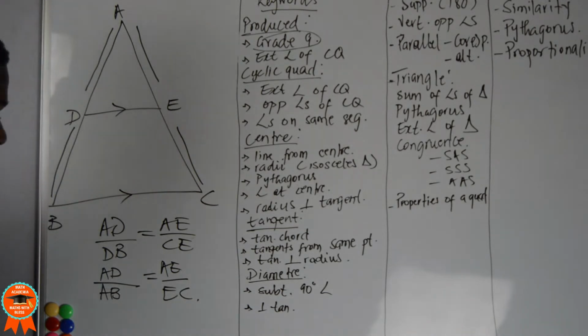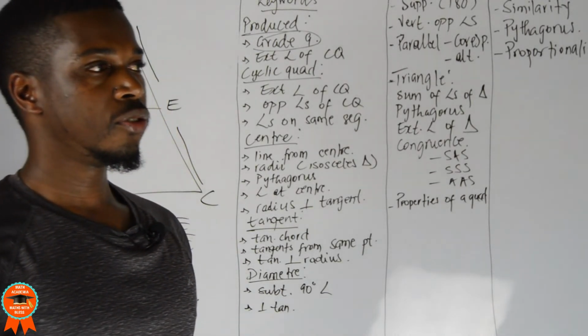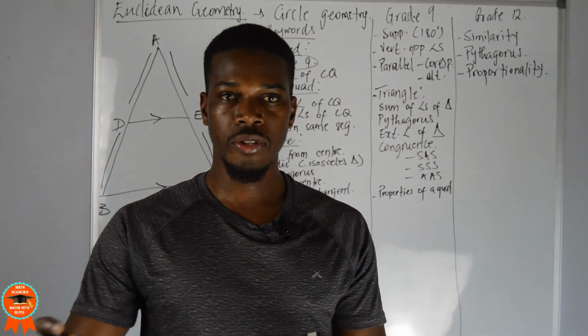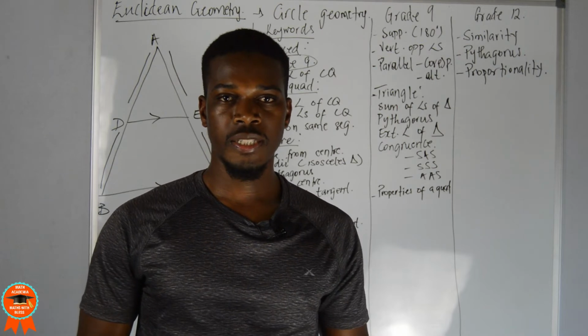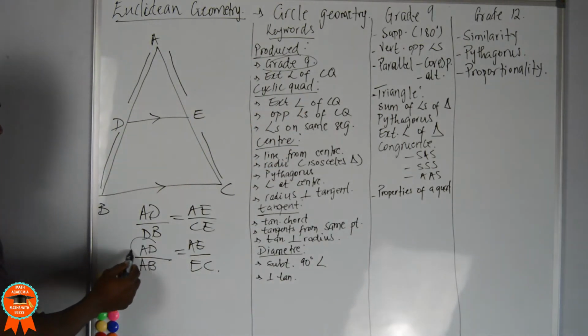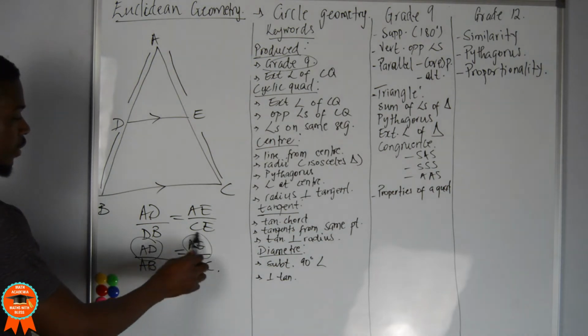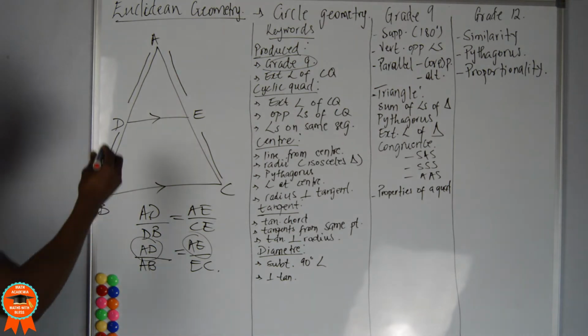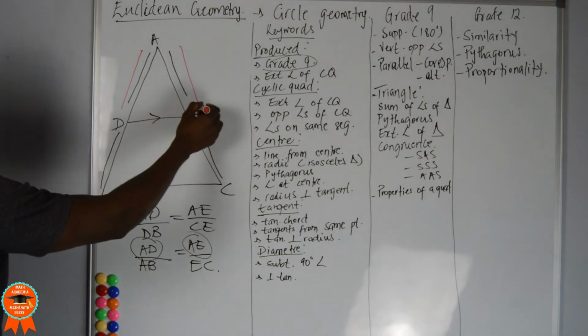Back to similarity: when you choose your sides, you must make sure that on the denominators you are choosing corresponding sides, and on the numerators as well. If you check AD and AE, they are corresponding. AD is right there and AE is right there.